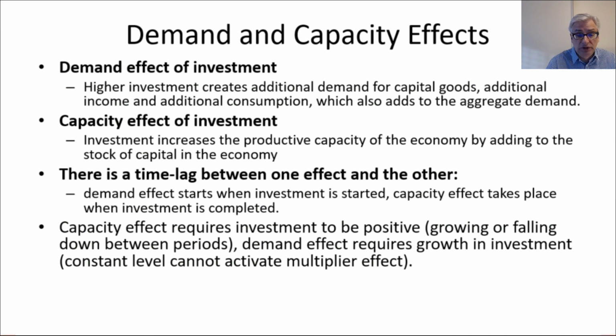If investment is positive, then capacity grows. The demand effect requires constant growth of investment. Investment must be bigger, bigger, and bigger. If investment becomes smaller than it was before, then this multiplier effect would actually be negative.